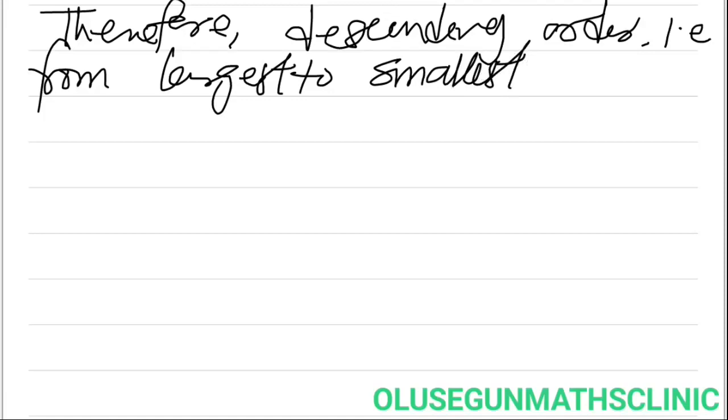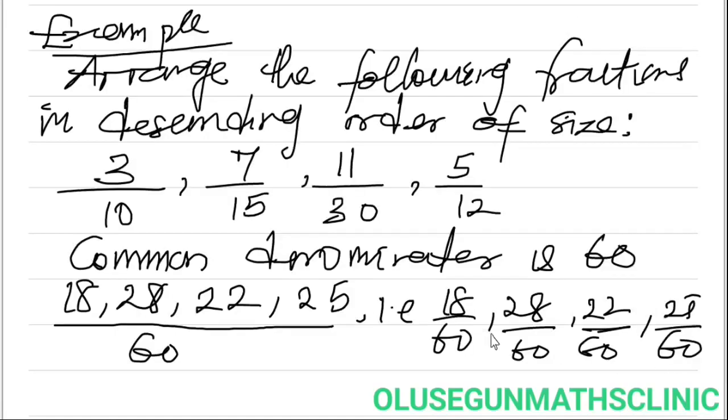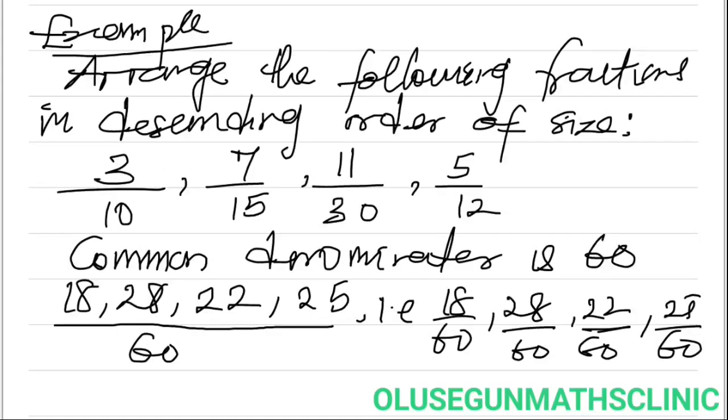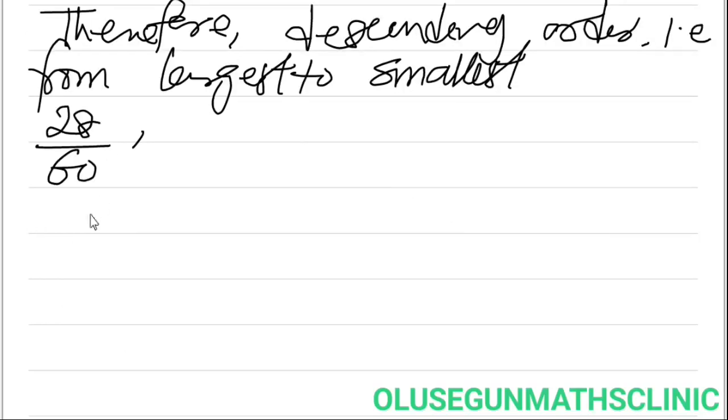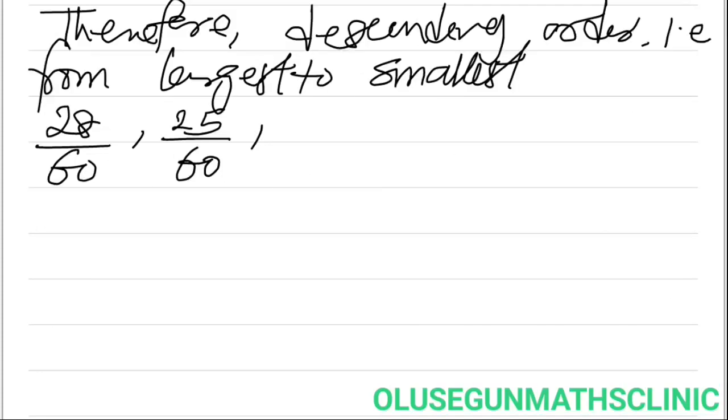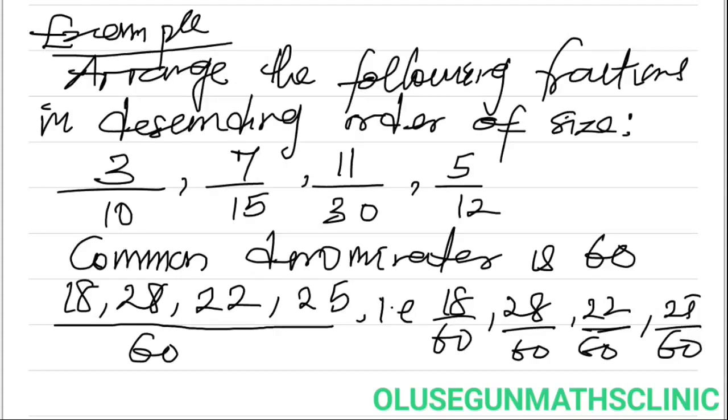Before you write your own answer in largest, let's first write it as 28 over 60, comma, that is 25 over 60, 22 over 60, and the last one is 18 over 60.